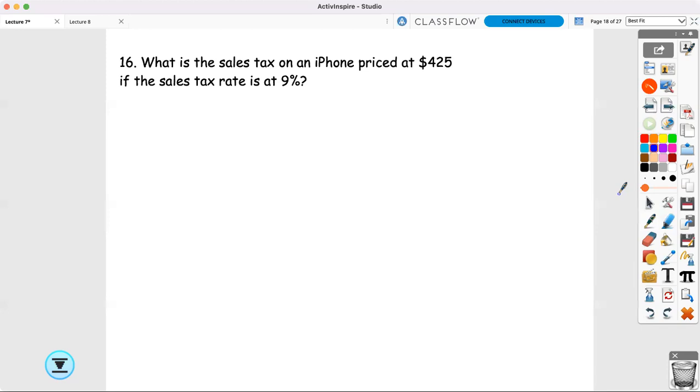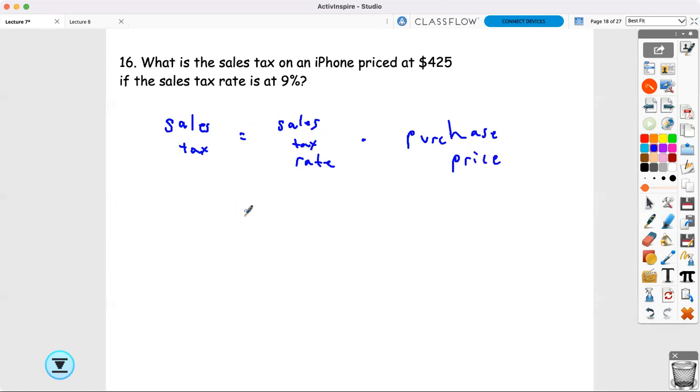So as you're writing the problem down, remember the formula: sales tax is equal to the sales tax rate times the purchase price. Remember, the tax rate needs to be in decimal notation.